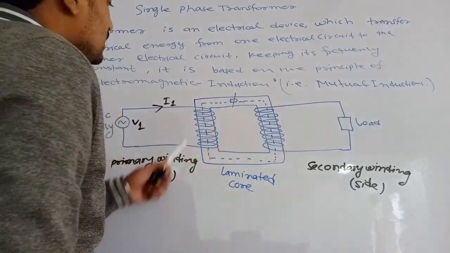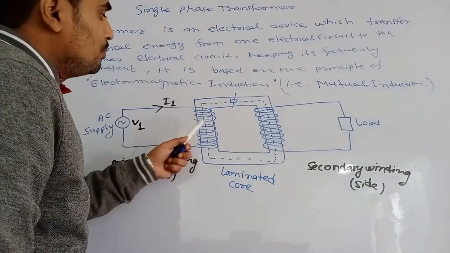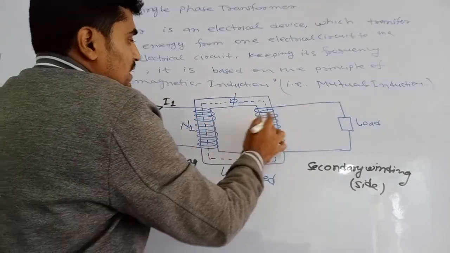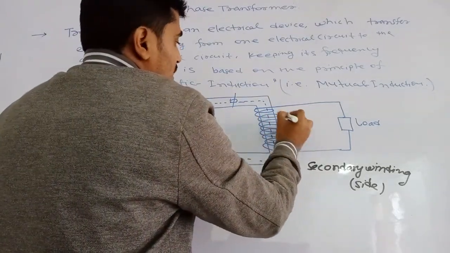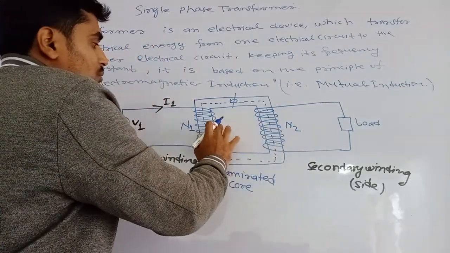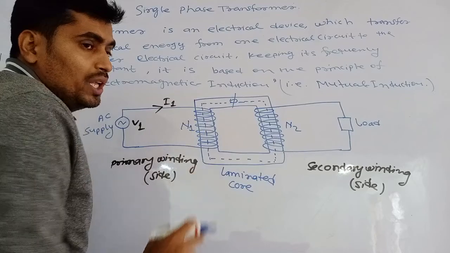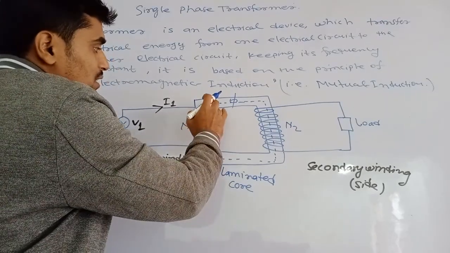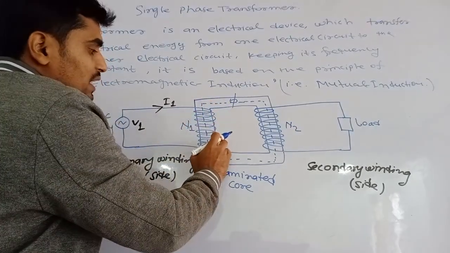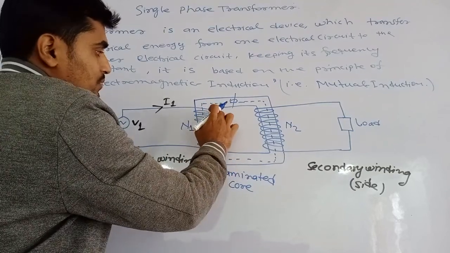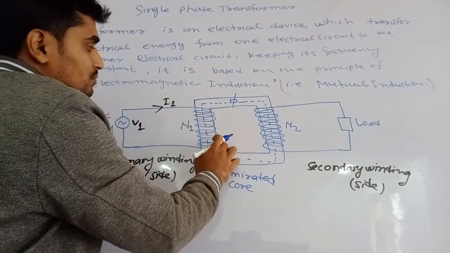Suppose the number of turns on the primary winding is N1 and the number of turns on the secondary winding is N2. These turns produce their own EMF, meaning a strong electromagnetic field is created in this inductor.